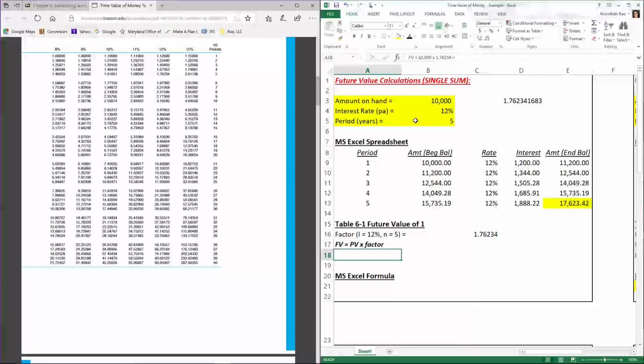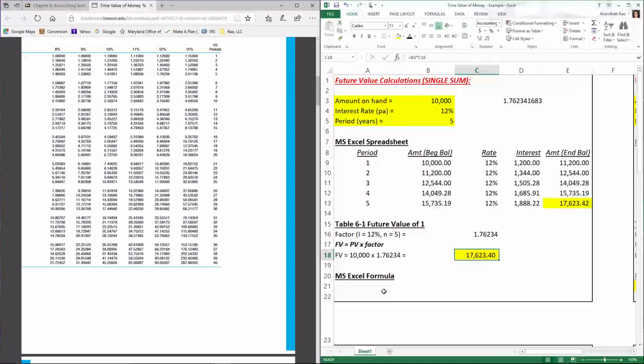So I have $10,000, that's the present value, times the factor I looked up in the table. When I do the multiplication, I come up with an answer that is reasonably close to what I came up with in Excel. What you would notice is a slight rounding off error.